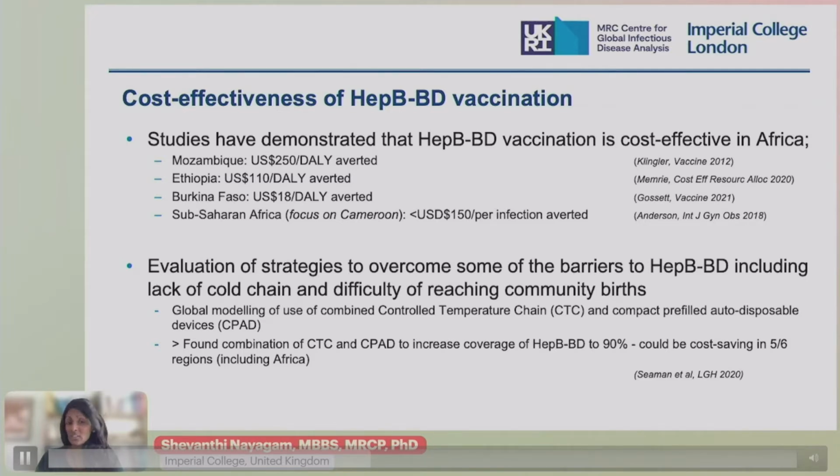A global modelling study by Seaman et al., published a couple of years ago, used a combination of controlled temperature chain and compact pre-filled auto-disposable devices, and found the combination can increase the coverage of hepatitis B birth dose to 90% and could be cost-saving in 5 out of 6 world regions, including WHO Afro. And this is primarily due to the ability to bypass the cold chain and to deliver a birth dose vaccination in community births.